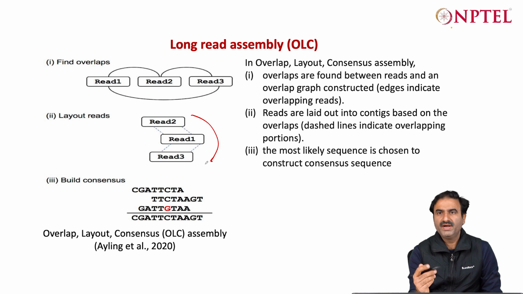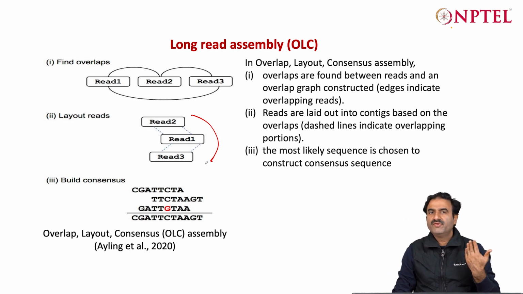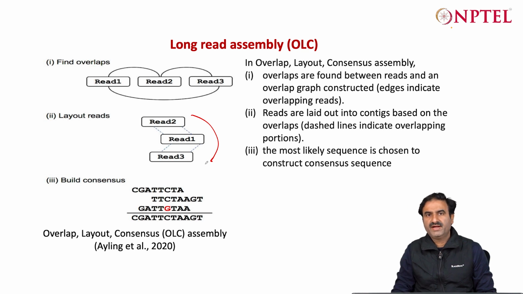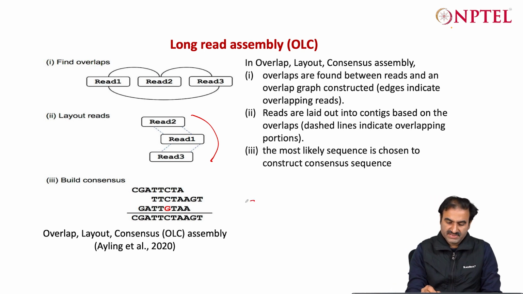And then try to build the consensus based on the overlap, because there could be more than one long read mapping to that layout of reads. So looking at the consensus base pair at every position, and based on the occurrences or frequency of reads in that region, it will build the consensus.